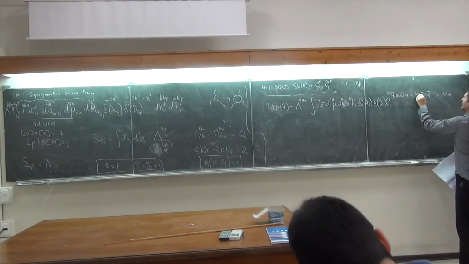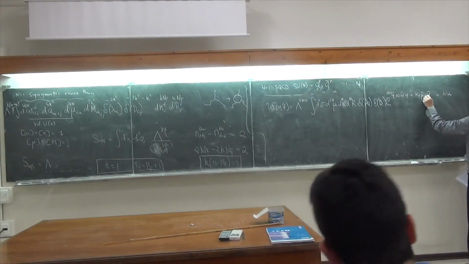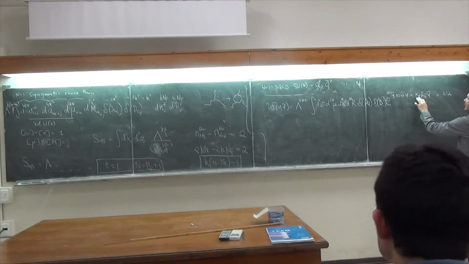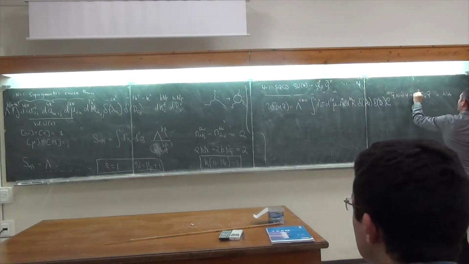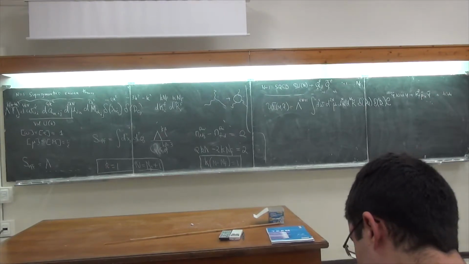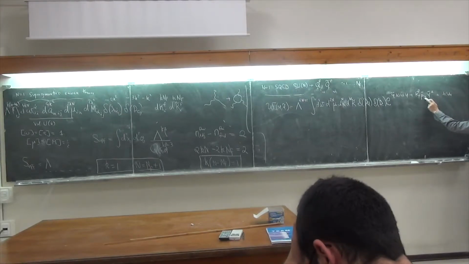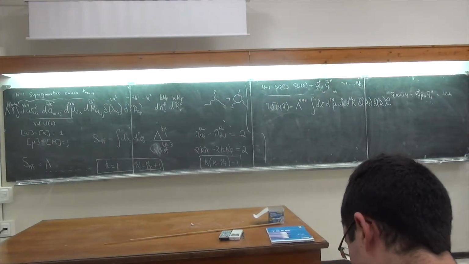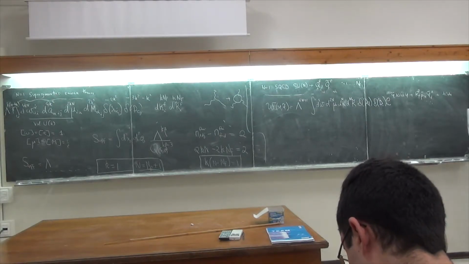This is I. Sorry, there is no I, because it's K equal to 1. This is just U. And this is F. Okay? And phi is something that is in the fundamental, and you have as many phi as flavors. So this is the integral that we want.